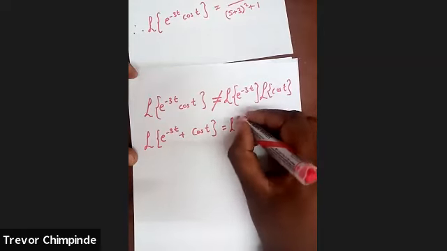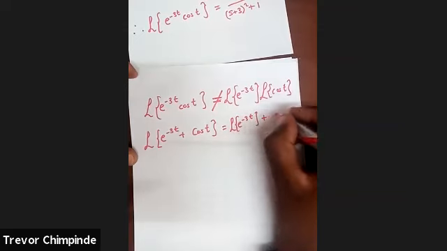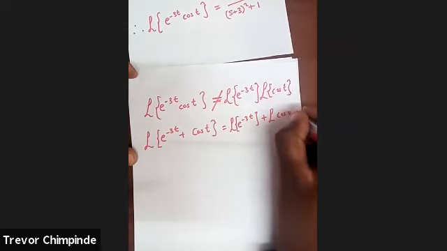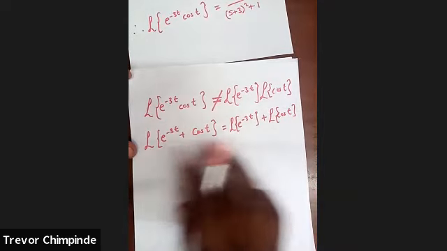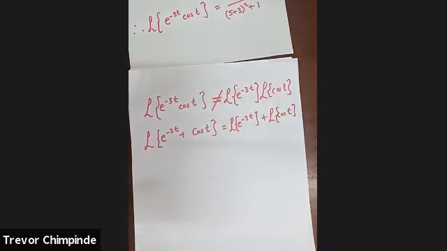So this becomes the Laplace of e to the minus 3t plus the Laplace of cosine of t. This is fine. If this was minus, it's still fine. But product and quotient, you can't do that. So that's why we need that theorem. And the reason you can't do that is the same as integration.